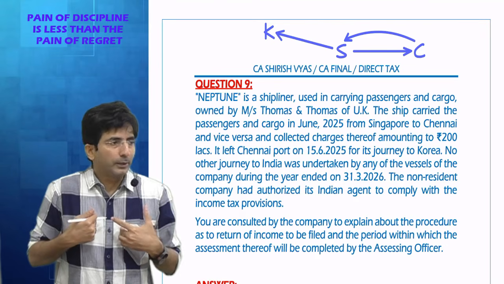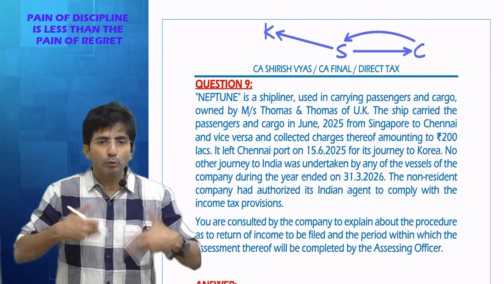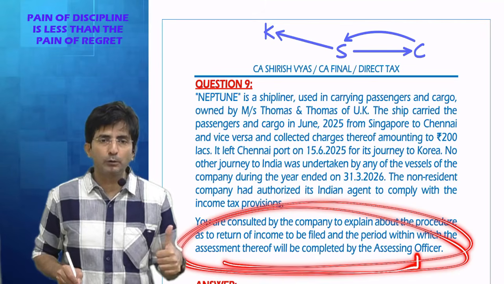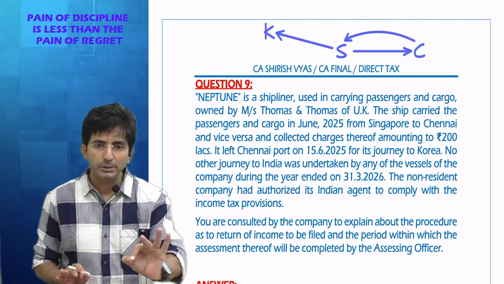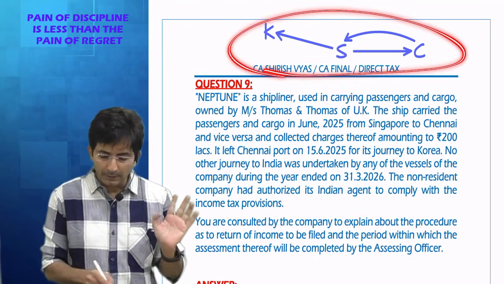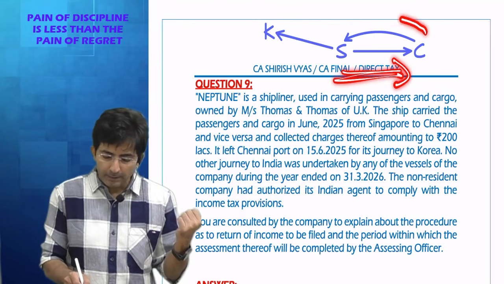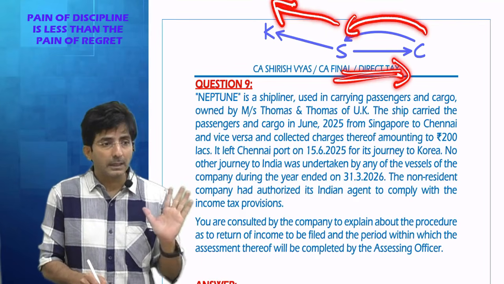But it is my duty, because if a student gets confused by the wording, I have to explain. But when you see the ultimate question, you will find all this was totally irrelevant. The question is a complete theory question. But first you understand what they are saying. They are saying from Singapore it went to Chennai, and then it left Chennai to Korea via Singapore.